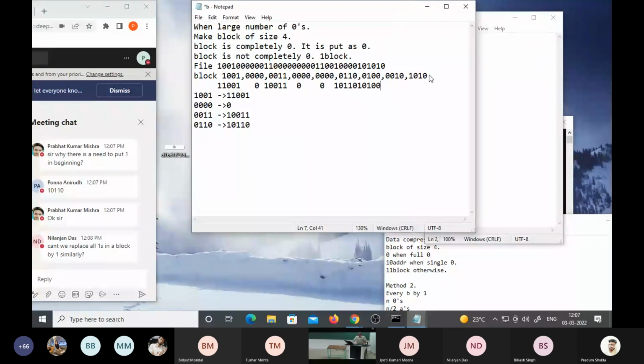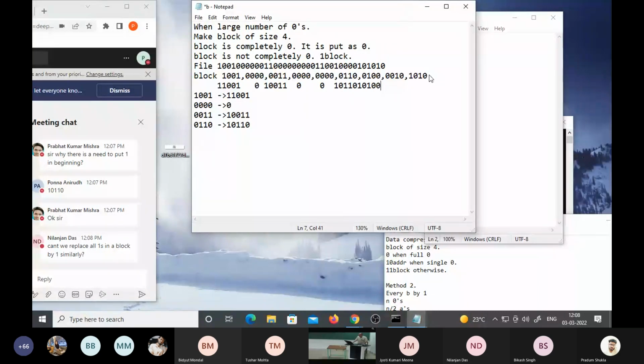You see, a similar method can be used. But suppose a block is neither fully 0 nor fully 1, then what will happen, Nilanjan? Is it correct? A fully 0 block can be replaced by 0. A fully 1 block can be replaced by 1.